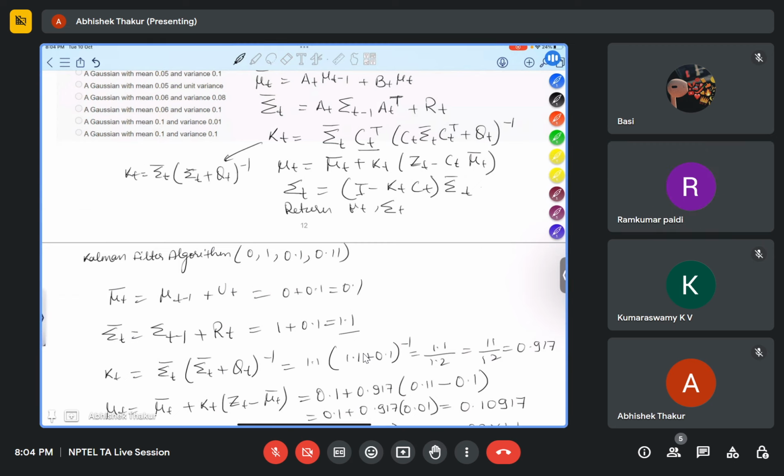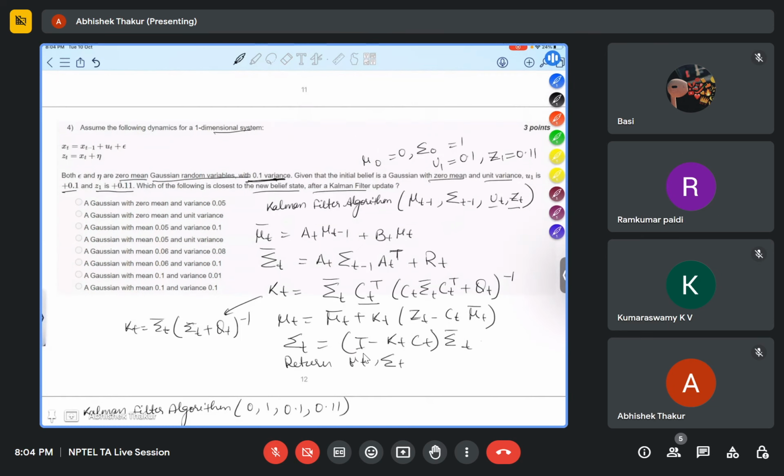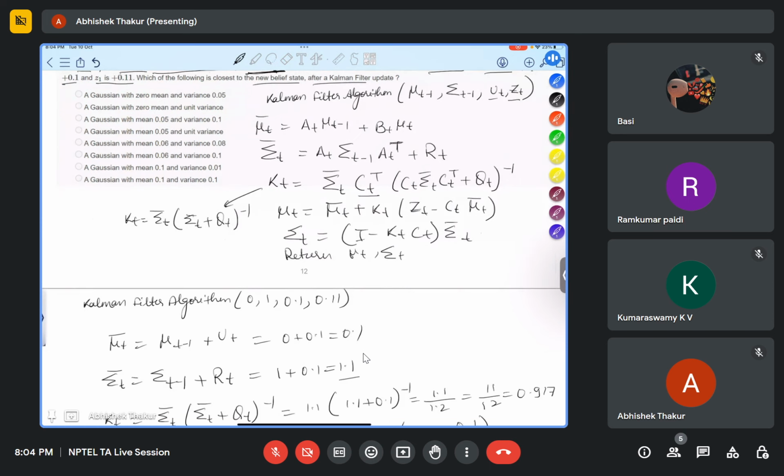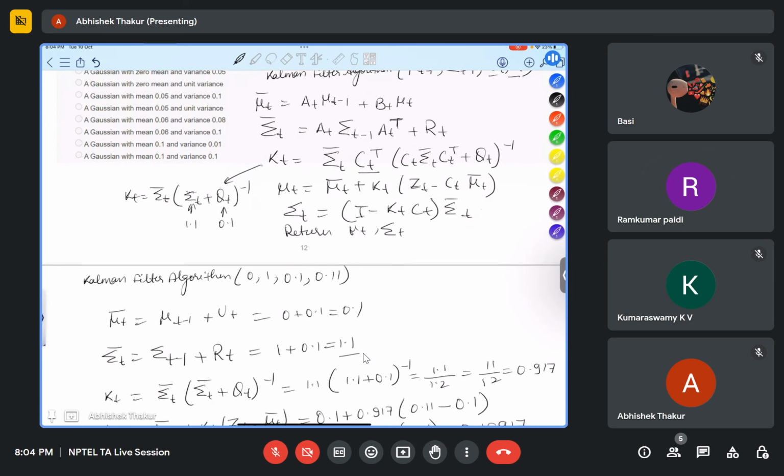And QT is the covariance of the noise. So here it is given both epsilon and eta, both the noises are zero mean Gaussian random variables with 0.1 variance. So here we have taken 0.1 and this value we have calculated in step 2, that is 1.1. So KT is equal to 1.1 into 1.1 plus 0.1 inverse. So this will be 1.1 by 1.2.